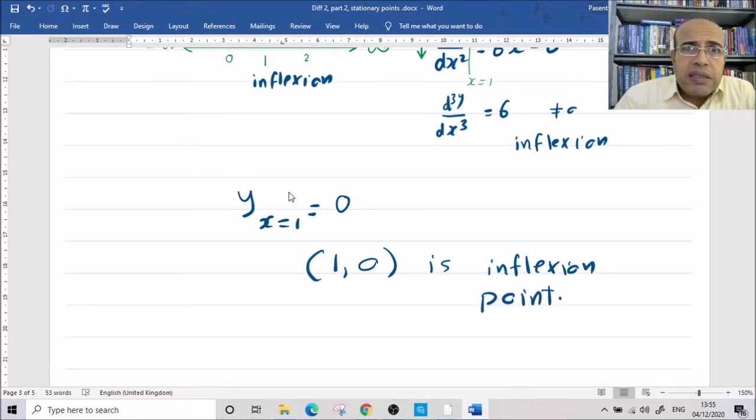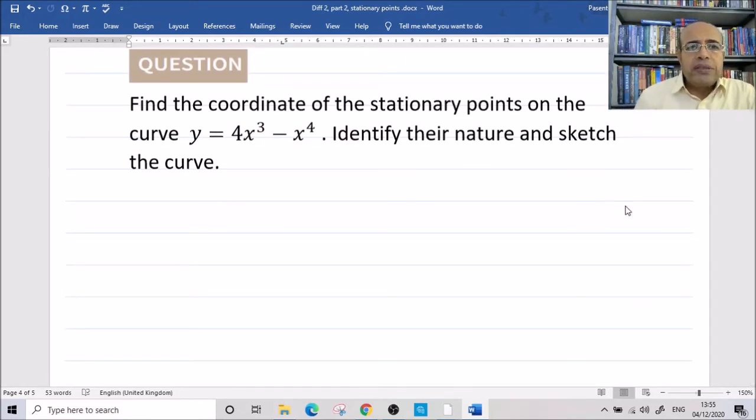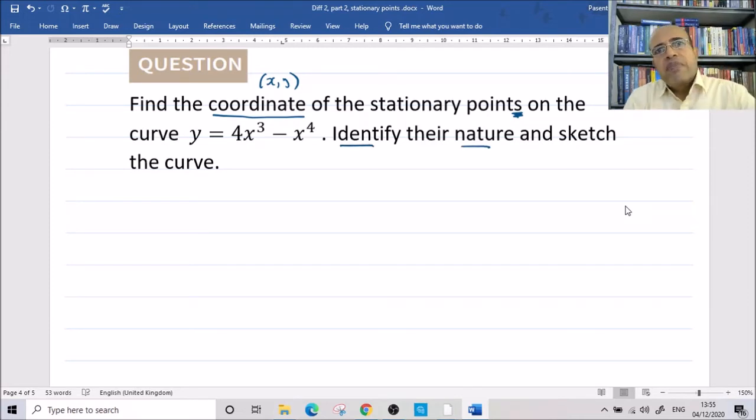Okay, we see another example. In that example, it said find the coordinates. Coordinates means x and y, of stationary points. Points means we can find more than one point, on the curve. Identify their nature, طبيعتها إيه؟ Maximum, minimum, or inflection, and sketch the curve.